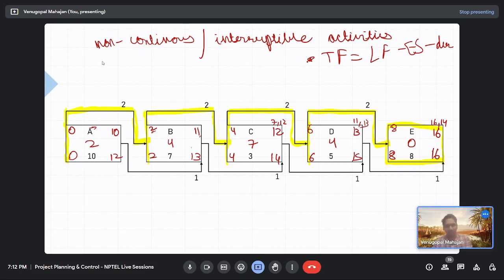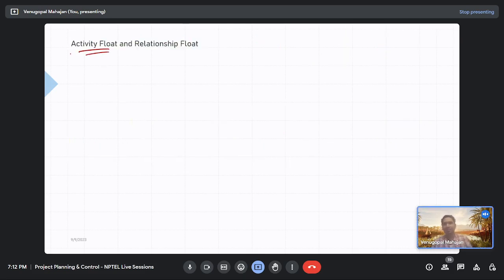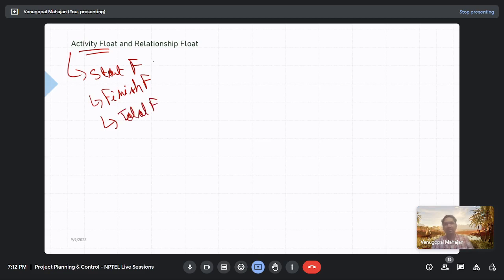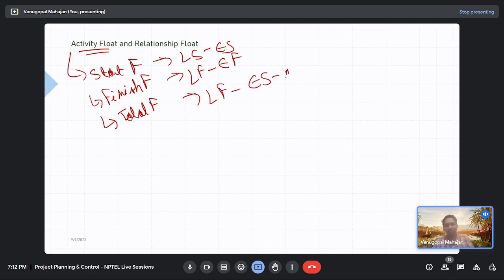Okay, so for each activity there could be three kinds of float: start float, finish float, and total float. Start float is late start minus early start. Finish float is late finish minus early finish. Total float is late finish minus early start minus duration.